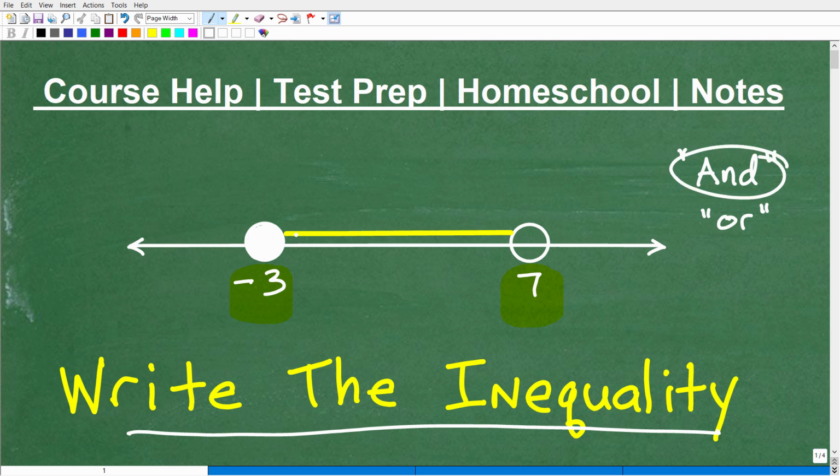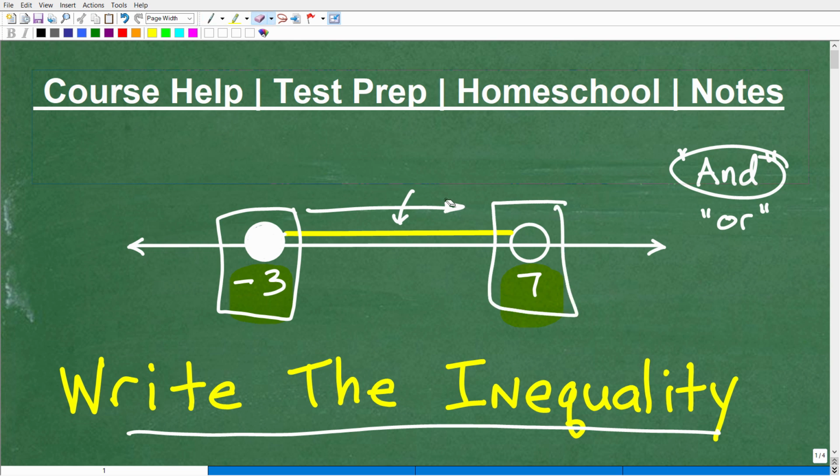So what this line from here to here is saying is that we want to represent all the numbers on this line. These numbers happen to be greater than or equal to -3, going in this direction, but less than 7.